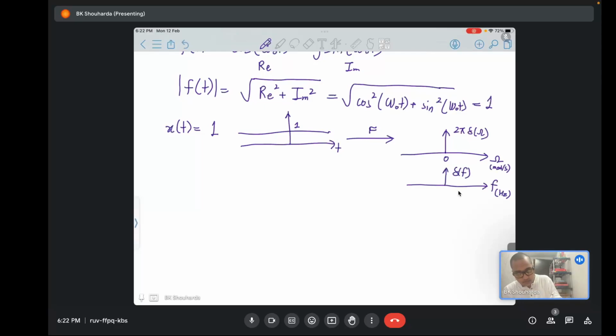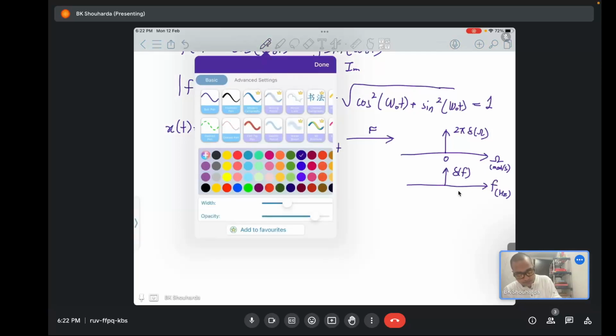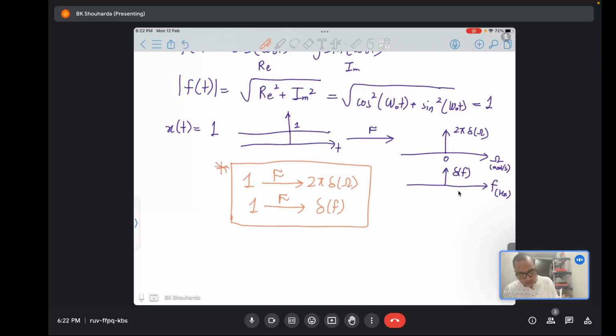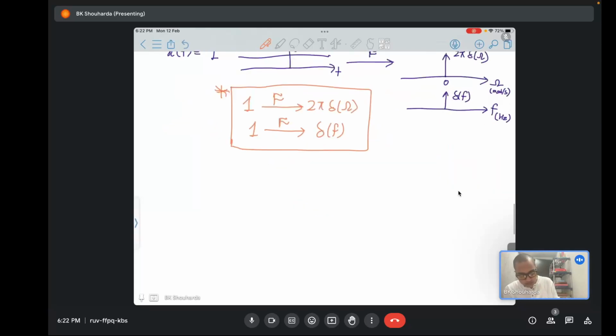An important property to note is that the Fourier transform of the constant 1 is 2 pi delta omega, or it is delta f. A very important property.